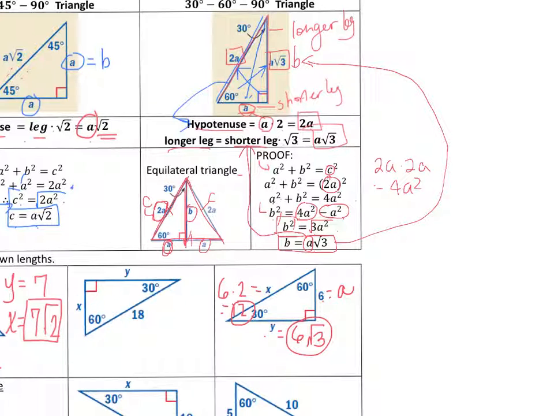And for this problem here, it gave me 18, the length of the hypotenuse, which equals 2a. So to find out what x is, I will have to divide by 2. Well, a here will be my x now, because x is what we're looking for.